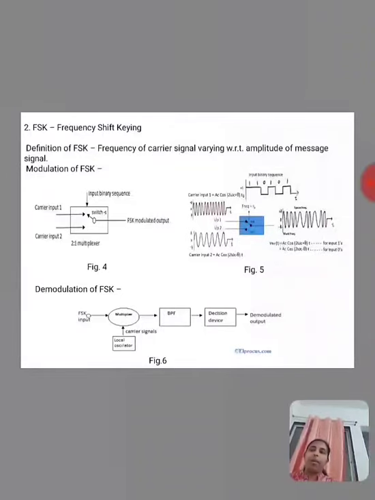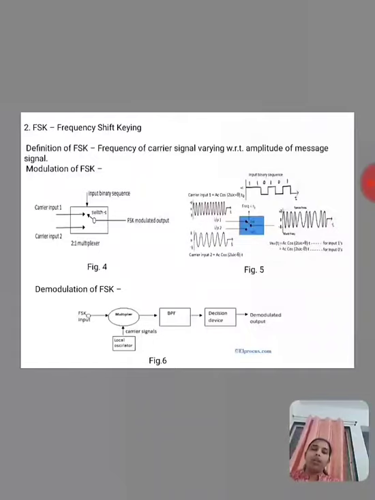In FSK, two carrier signals are used to produce the FSK modulated waveform. The reason behind this is that the FSK modulated signal is represented in terms of two different frequencies. The frequencies are called the mark frequency and the space frequency.